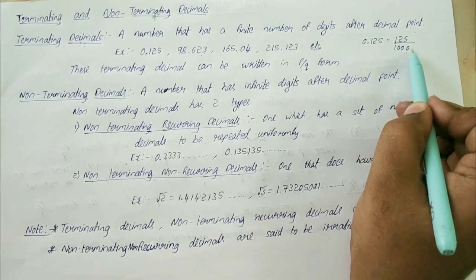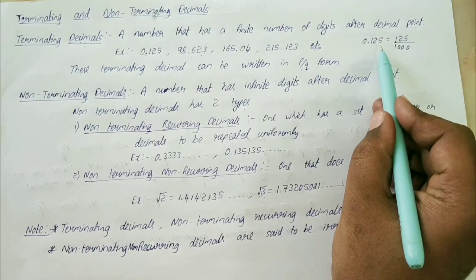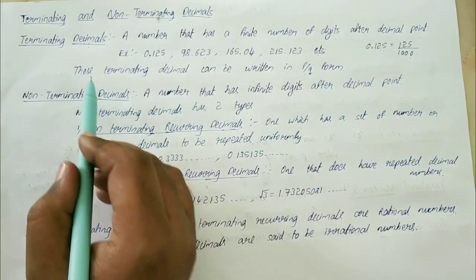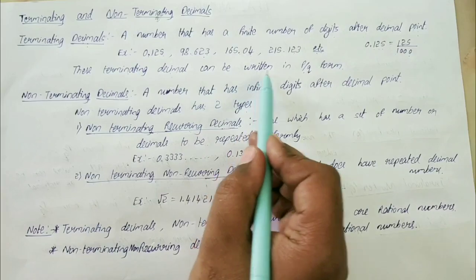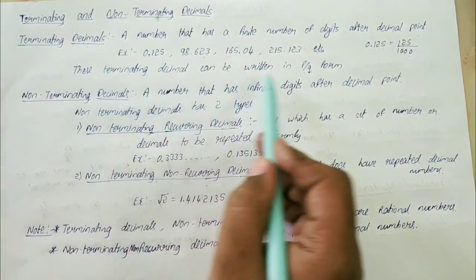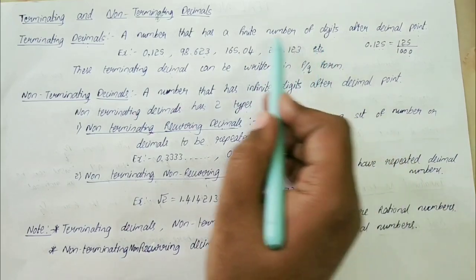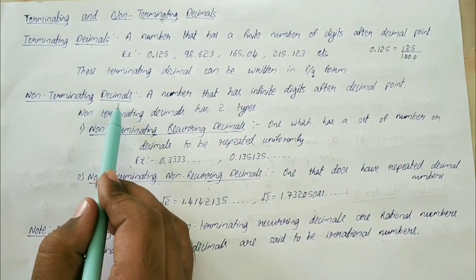So it is in the form of p by q, right? That's why 0.125 can be called a rational number. See here, these terminating decimals can be expressed in the form p by q, so all these terminating decimals we can call rational numbers.